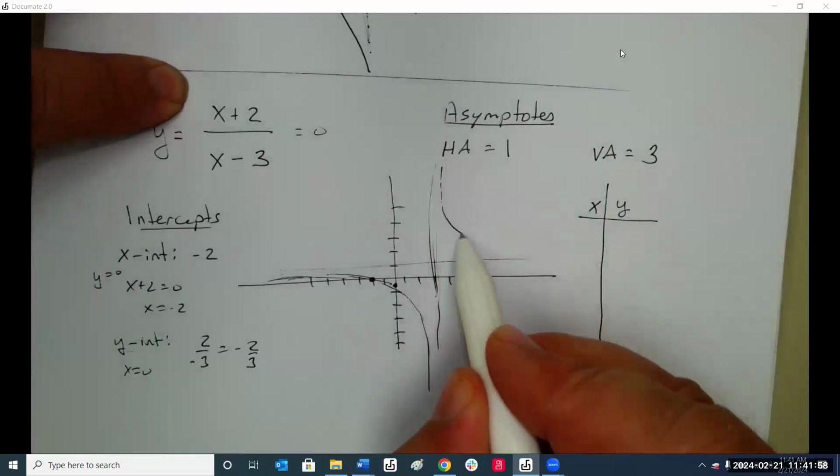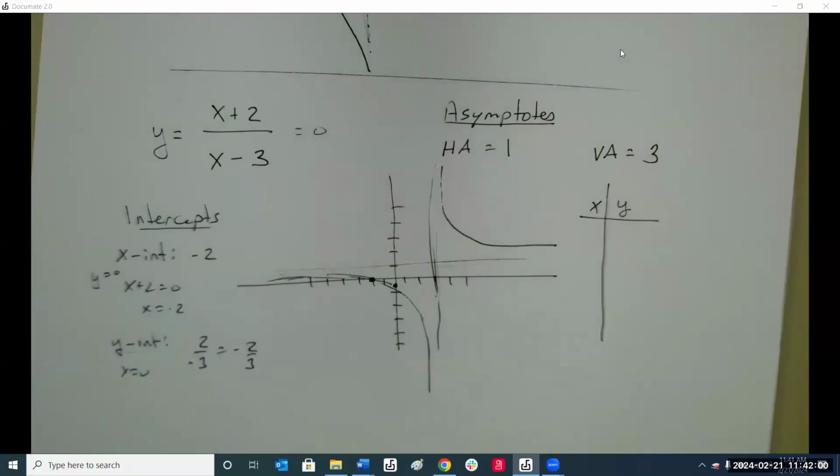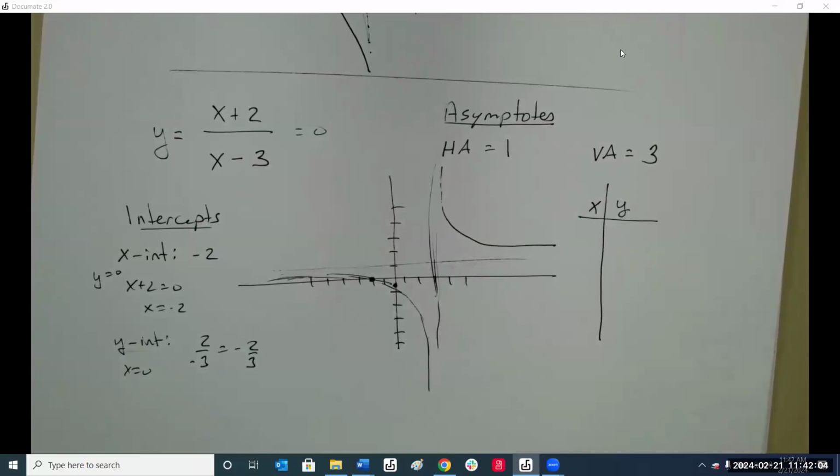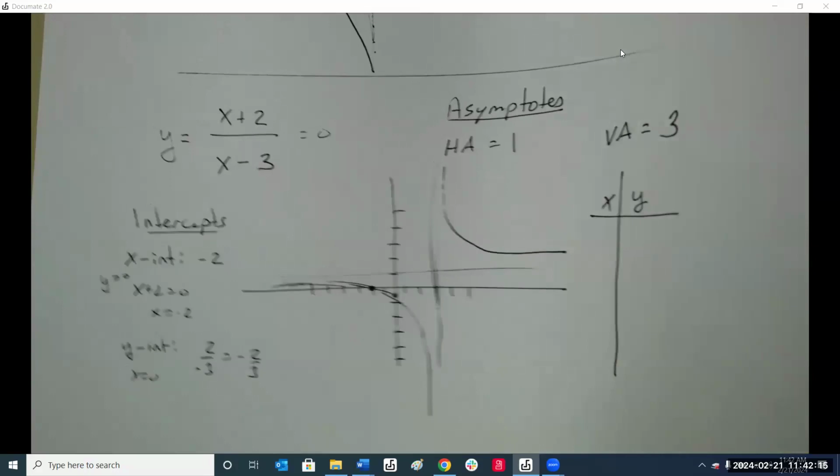So since it's an odd function, the graph will look like this. Plot some points. Okay, let's look at another one.